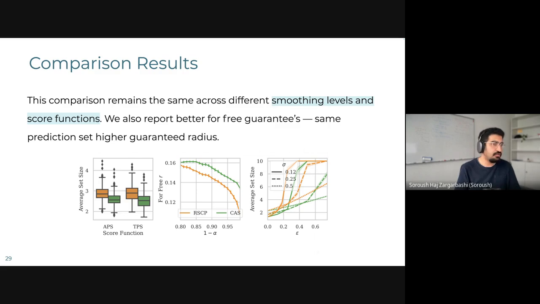And at the same time, we also work better for all different levels of smoothing. So about this level of smoothing, it's like the sigma in the Gaussian distribution. So if you increase the sigma in Gaussian distribution, you have a larger average around the point.